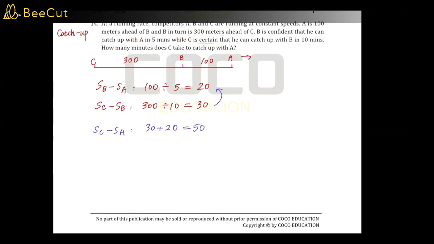Right, 300 plus 100. So we use the catch-up distance, 400, divided by the difference of their speed. Difference between C and A is 50. This gives us the time. So it takes 8 minutes to catch up. The answer is 8.